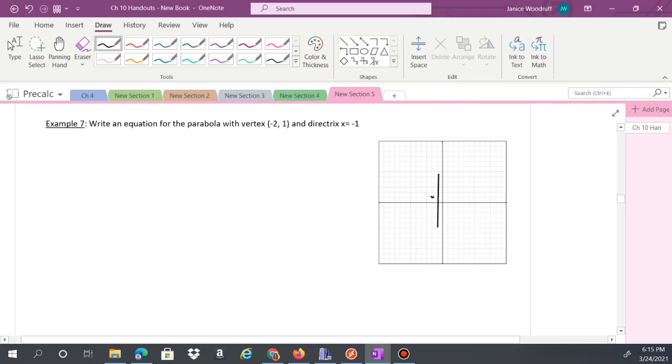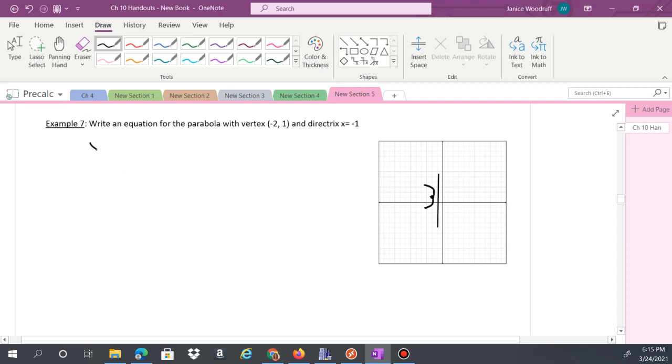There's my vertex. Which way is this opening? Yeah, it's going away from the directrix. It's not going to go through the directrix. So the only way that it can open possibly is going this way.